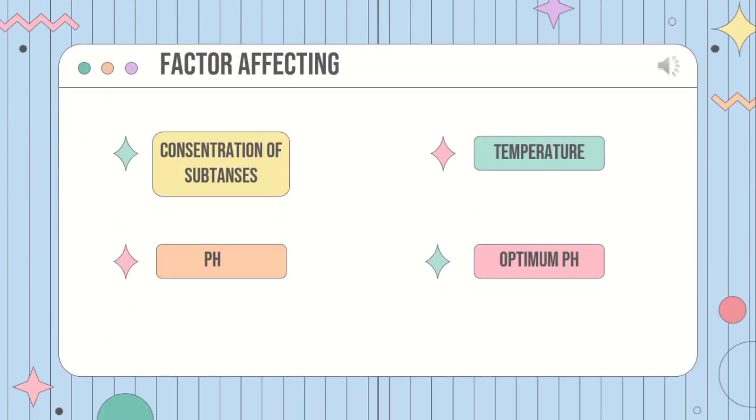Factors affecting the work of enzymes. A. Effect of concentration of associated substances. First, an enzyme concentration that is greater than the substrate will accelerate the reaction rate or accelerate formation of product. 2.